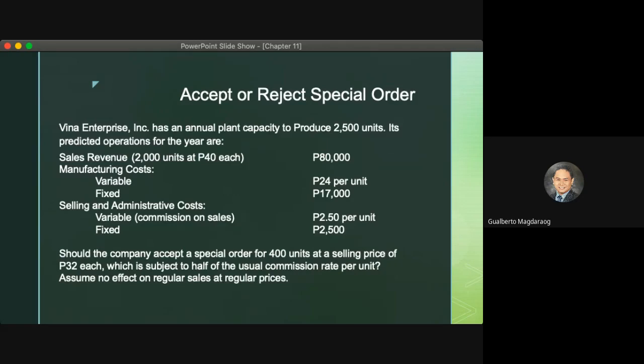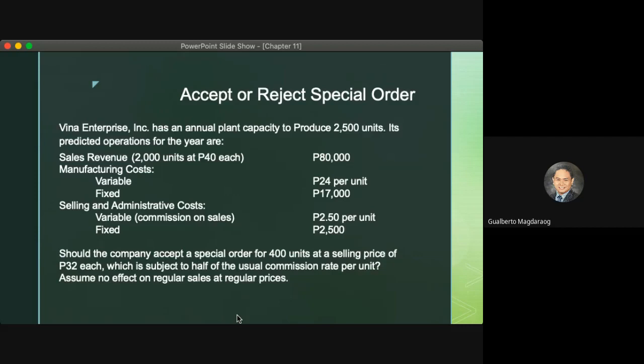Okay, so the total revenue for that is 12,800. And then, ang cost lang na relevant is yung 24 pesos na variable manufacturing cost and the variable commission on sales.